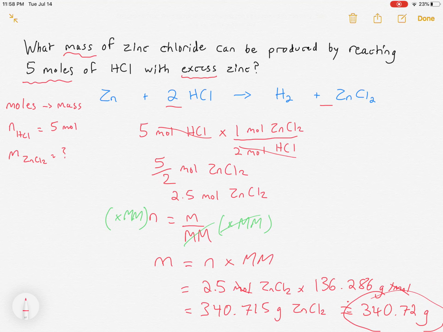So what this means is, if we react 5 moles of hydrochloric acid with excess zinc, meaning we're assuming that the reagents are not limiting, then you will produce 340.72 grams of zinc chloride.